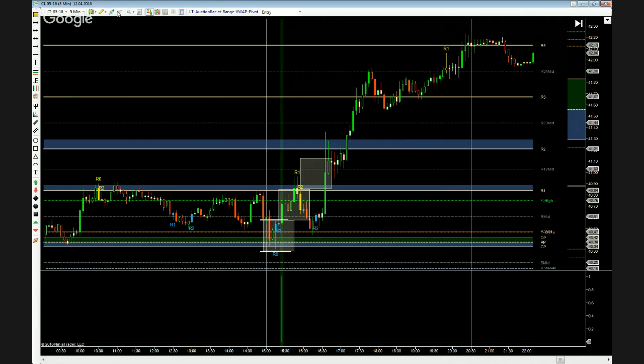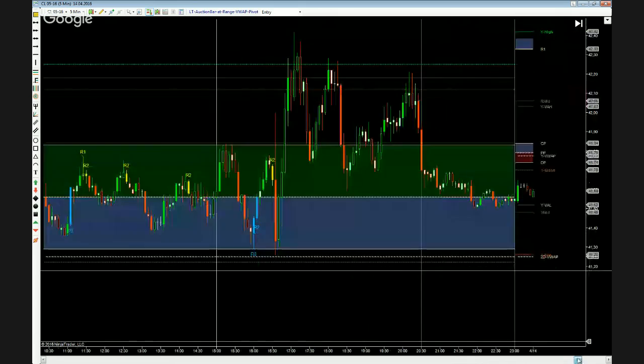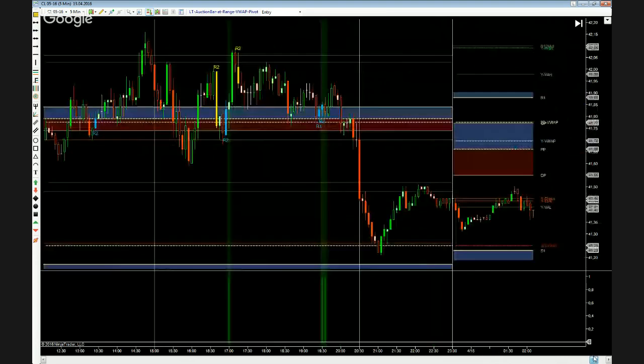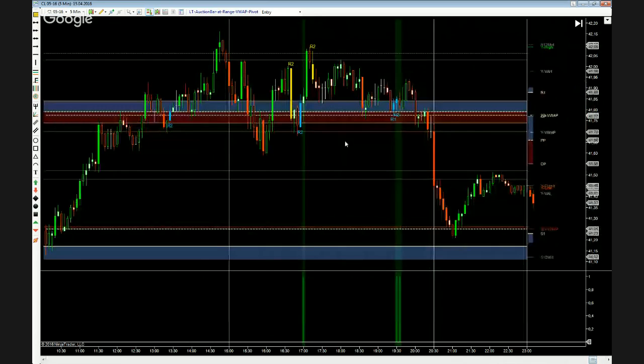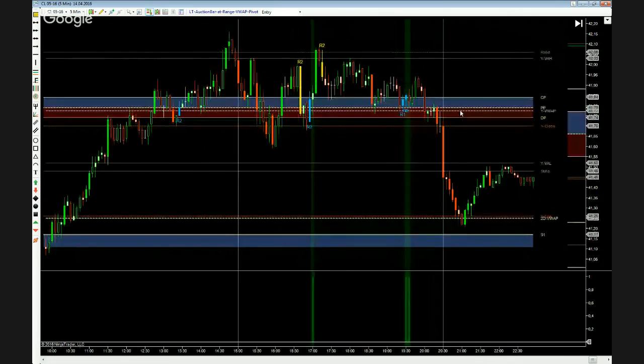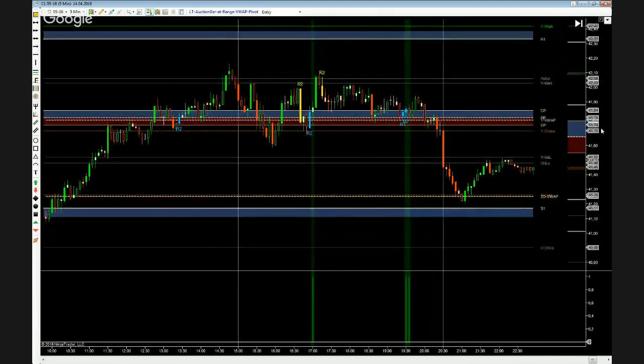All right, so we can look at another example over here. This one was, yeah, also a decent signal here. Again, in this case, we have marked in the midpoint between the main pivot and the first resistance level.